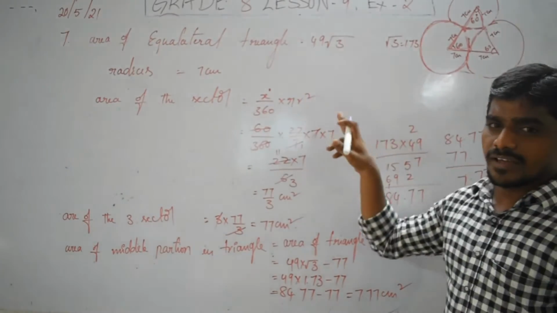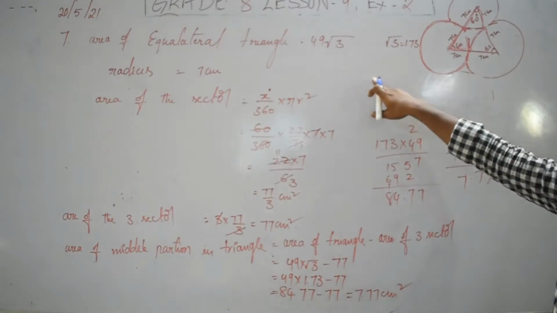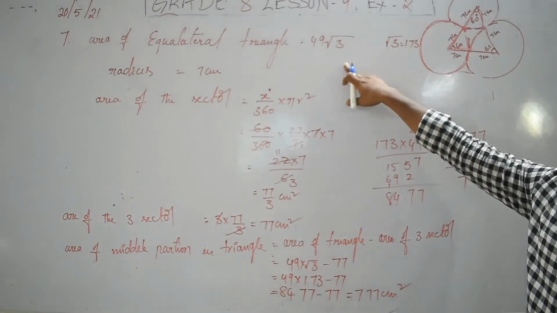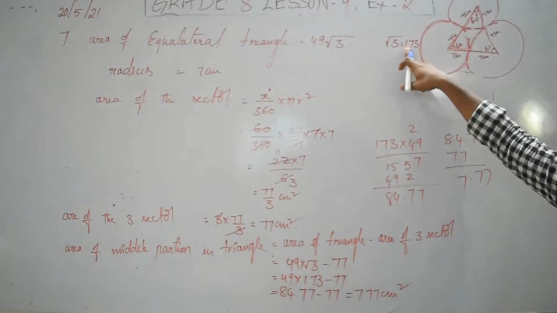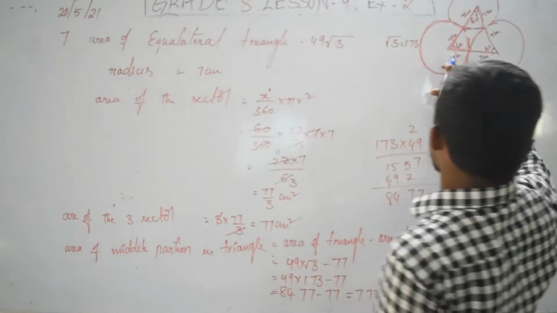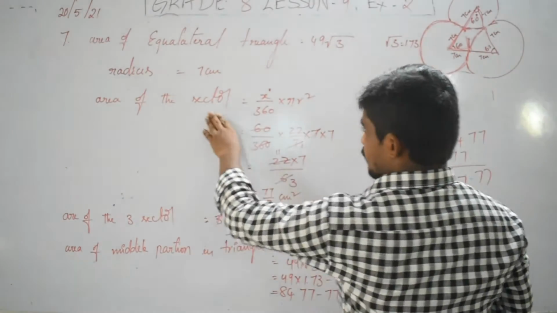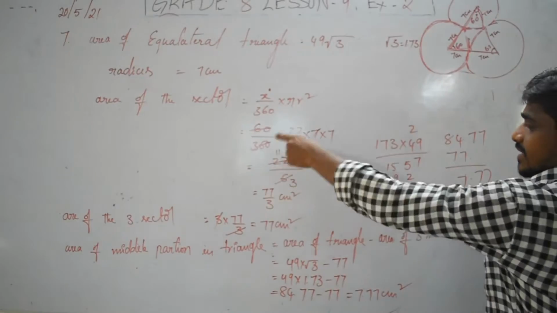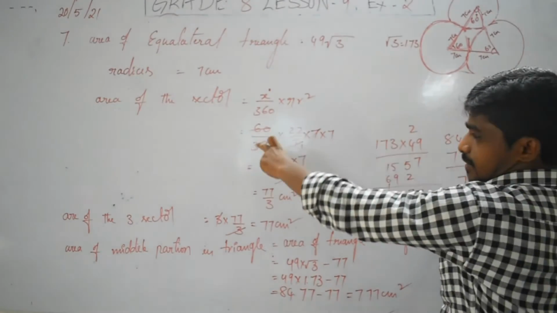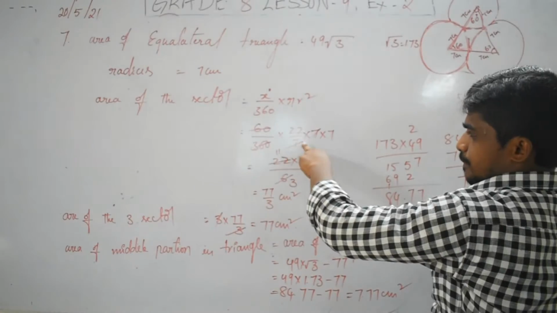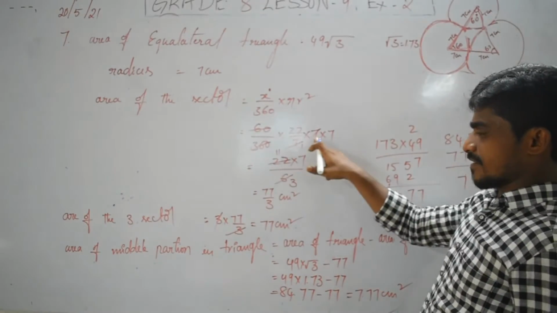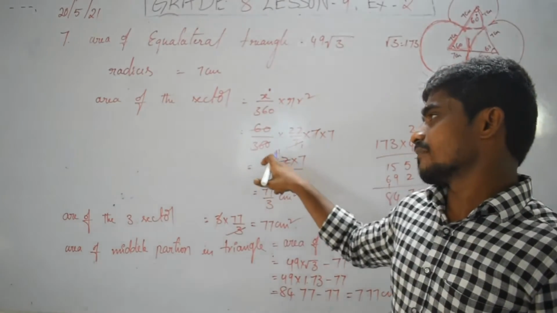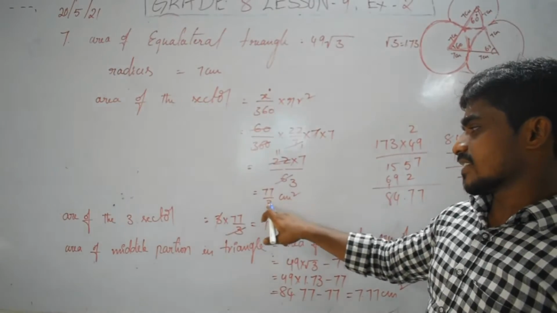They gave the area of the equilateral triangle as 49√3, and the √3 value is 1.73. The radius given is 7 centimeters. Area of the sector is x by 360 times pi r square. X value here is 60, so 60 by 360, pi is 22 by 7, r value 7. So 7 7 cancel, giving 77 by 3.